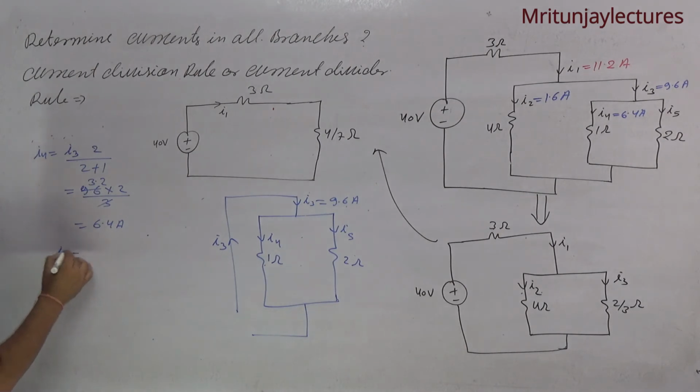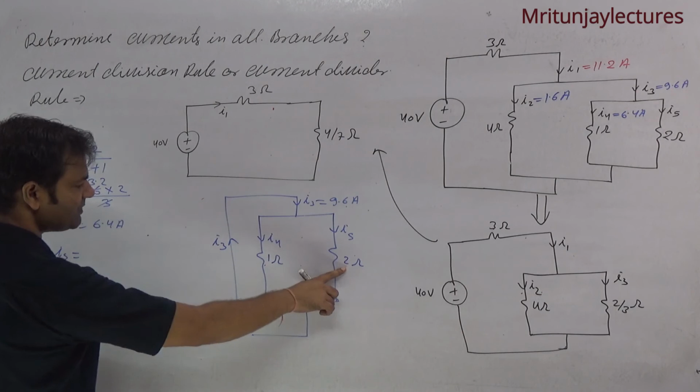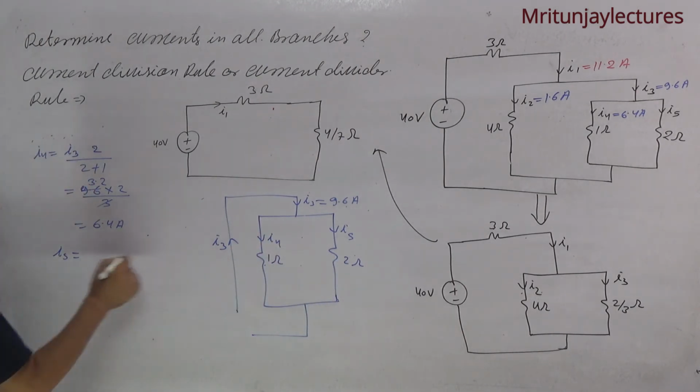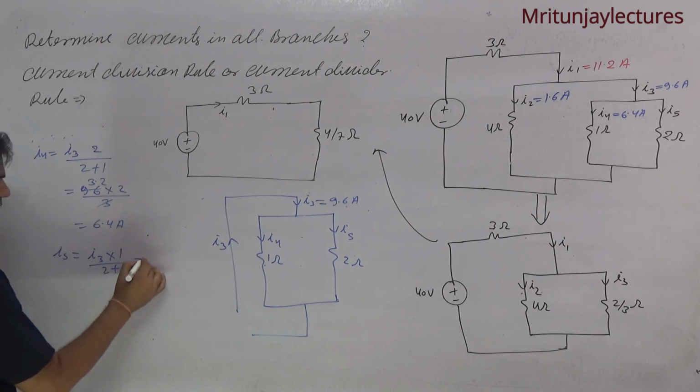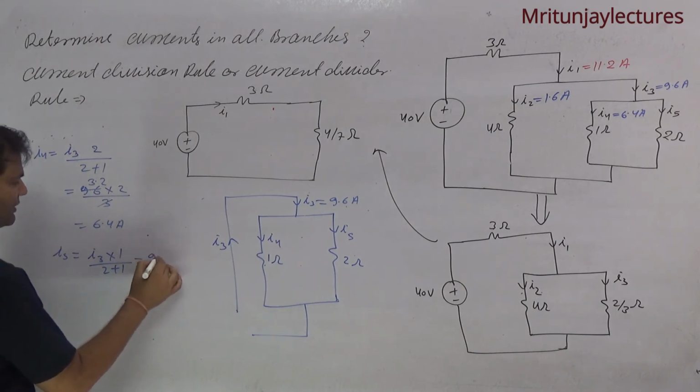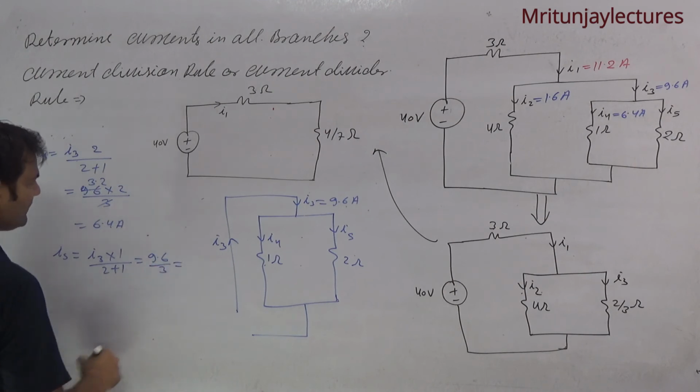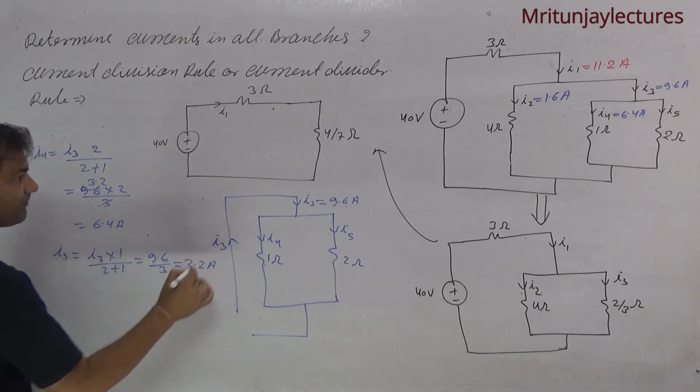Okay, how to determine I5? If you determine I5, it is equal to I3 into 1 divided by 2 plus 1, so that is 9.6 divided by 3. Finally we got 3.2 ampere.